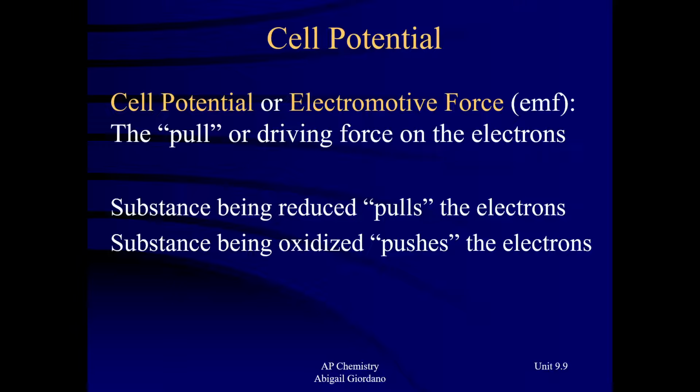Just to wrap our heads around it, it's a force that is either pulling the electrons towards the substance being reduced or pushing the electrons away from the substance being oxidized. It is not a force, it's really just a difference in potential, but we can think of it that way.